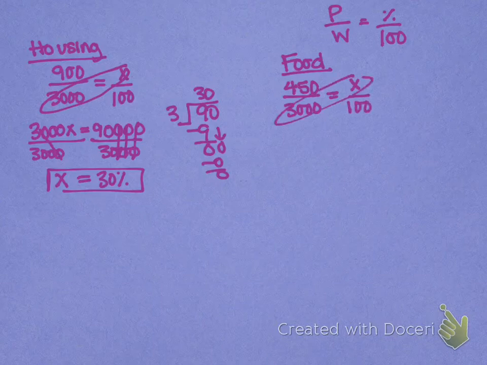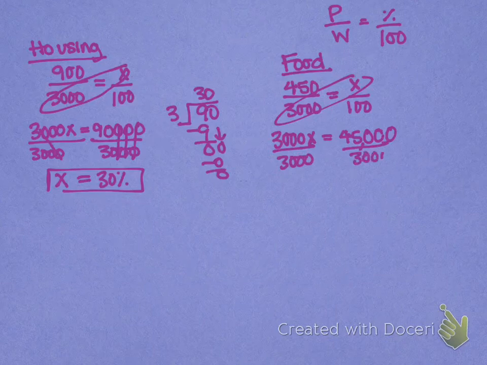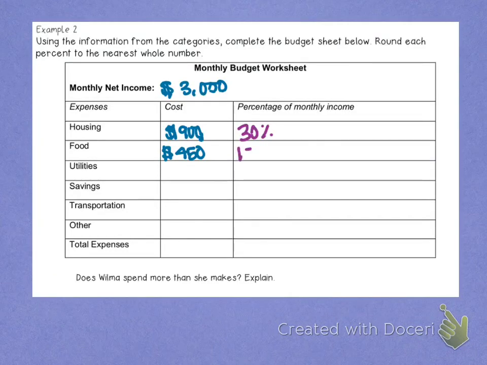Cross multiply: 3,000x equals 45, and there's 1, 2, 3 zeros, so 45,000. Divide by 3,000, divide by 3,000, x equals, the zeros cancel, 45 divided by 3 is 15%. So go back and write 15%.